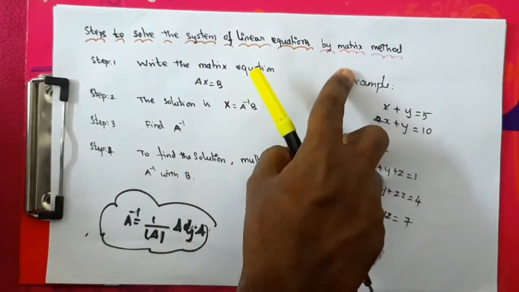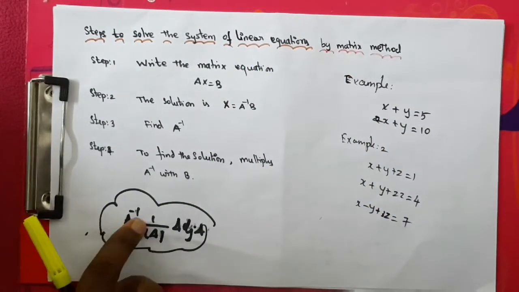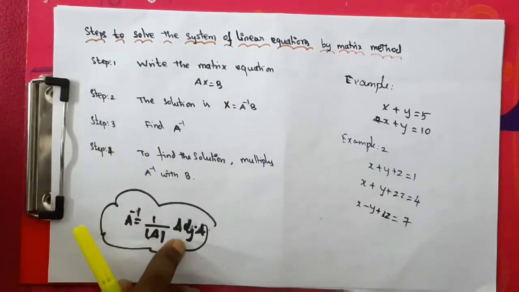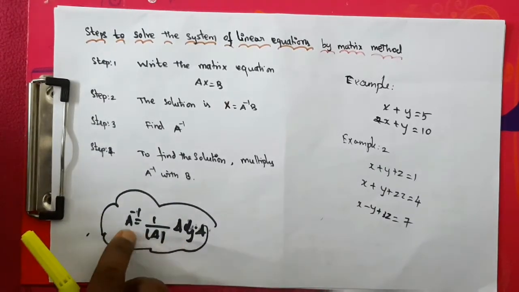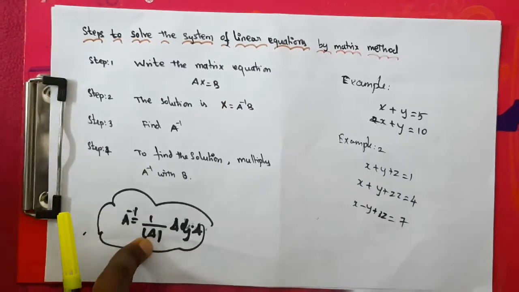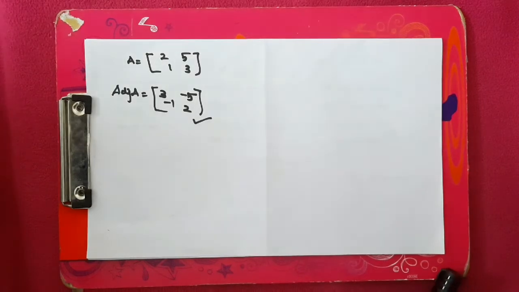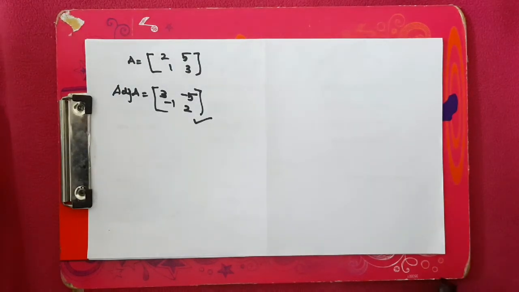To apply the matrix method, we need the A inverse formula. What is the A inverse formula? 1 by determinant of A into adjoint of A. To apply this formula, the determinant of A must be not equal to 0. Now we are going to recall how to find the adjoint of a matrix.